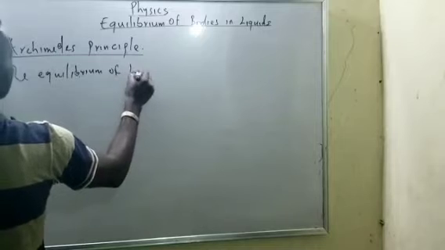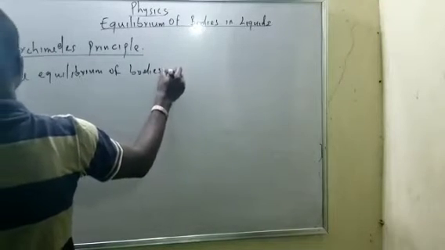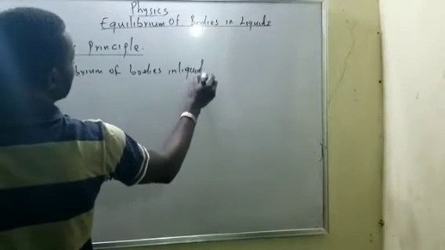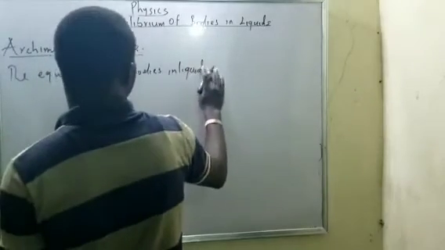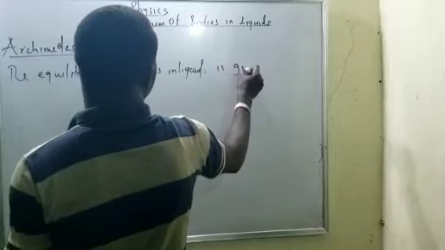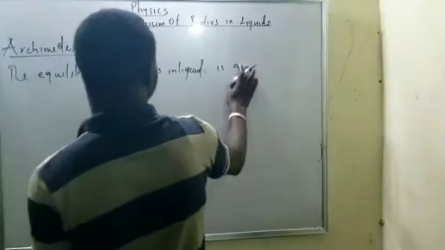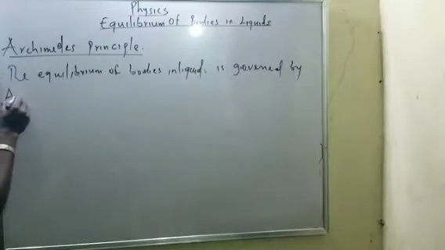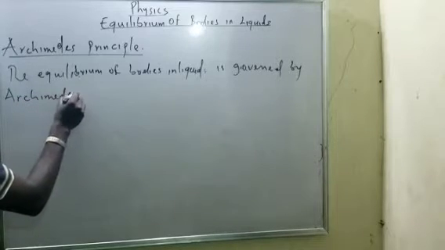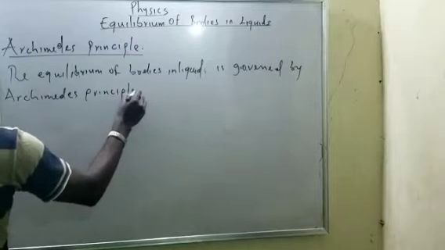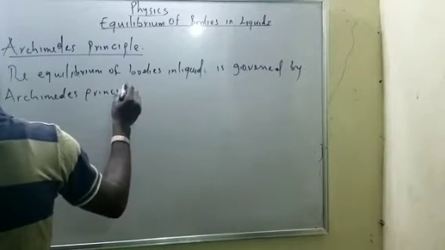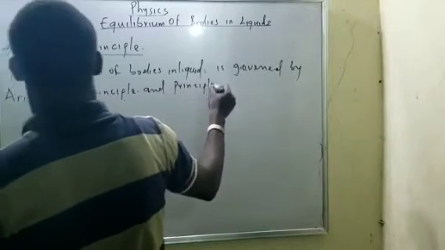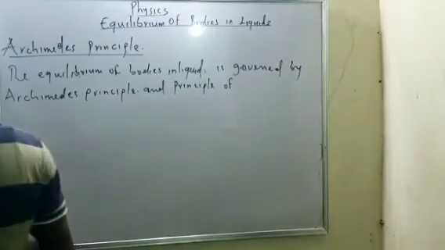Equilibrium of bodies in liquids is governed by Archimedes principle and the principle of floating.